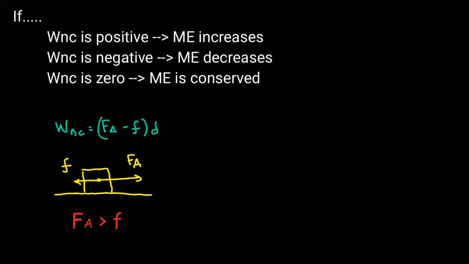And so in this situation, the work done by a non-conservative force is positive, and so this system is going to have a mechanical energy that increases. Even though the gravitational potential energy is going to stay the same because it's not going higher, the kinetic energy will increase as it goes faster and faster.